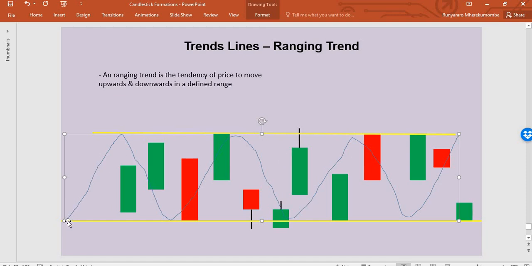If you are looking to trade this kind of setup, you are looking to buy closer to the bottom line, then sell closer to the top line. As it moves like that, you will be buying, then you sell, you wait, you buy again, you sell, you wait, you buy again.